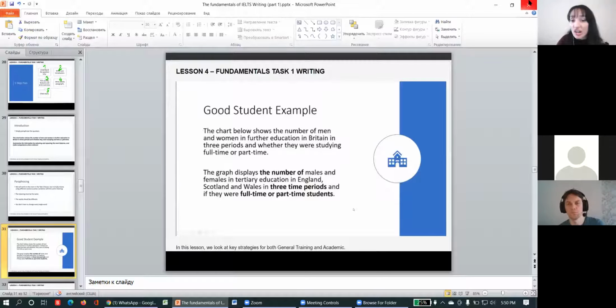You see, chart changed to graph, which means the same. It's okay. Shows changed to displays. It means the same, right? The number of men and women, the number of didn't change.